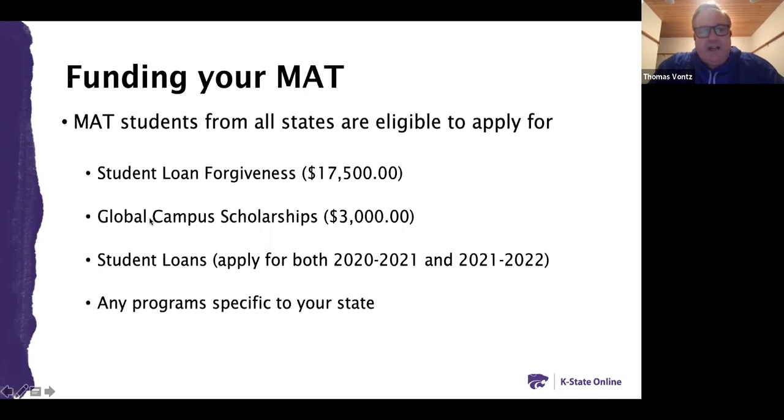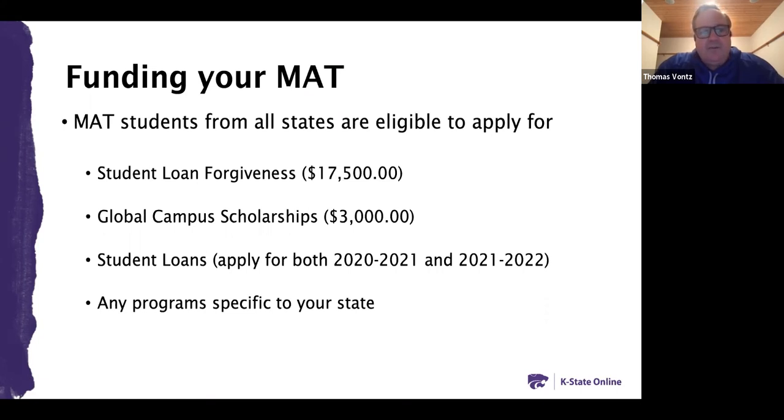A decent percentage of our students are on global campus scholarships, but those are need-based scholarships, and not everyone gets them, just to be honest. But I'd say half of our MAT students that apply for them get them.